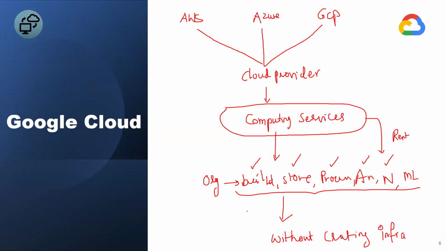For that period you may be renting these cloud computing services to build the application, to store or process the data, for creating machine learning models, or for taking care of big data, application deployment, or scaling the application. So you take care of all of these things without managing your infrastructure. That is the benefit the cloud platforms provide you.